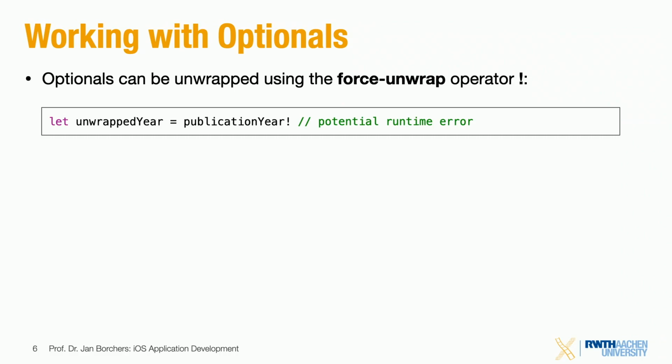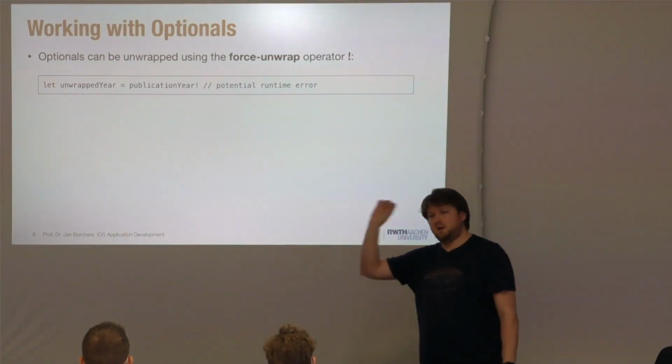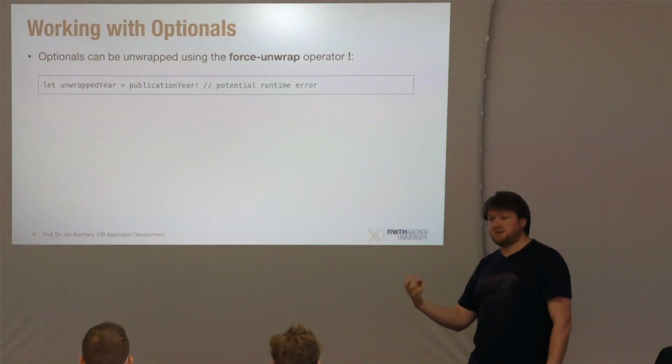So for the publication year, for example, if we want to really use the year that is stored in the publication year, then we need to unwrap it, and the operator for that is the exclamation point. So really that specifies this publication year, there is an integer value in there.